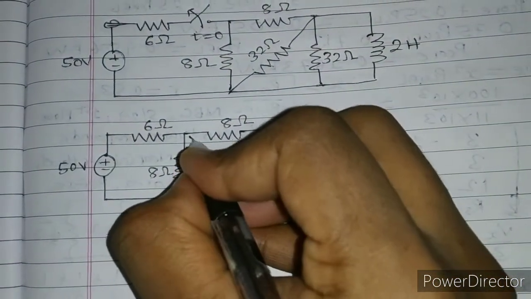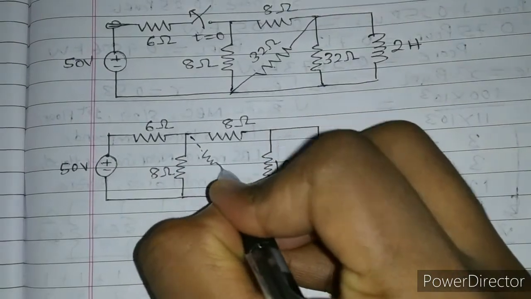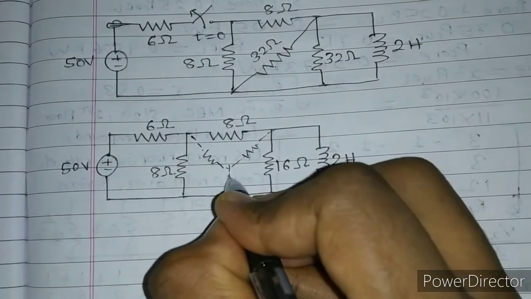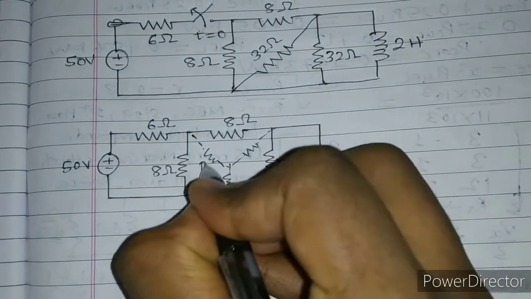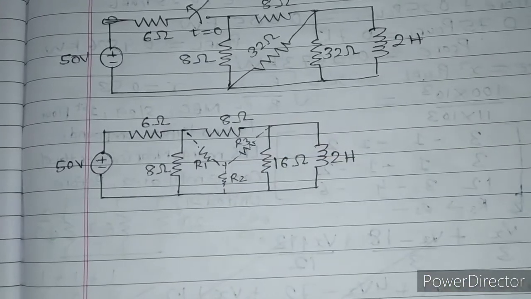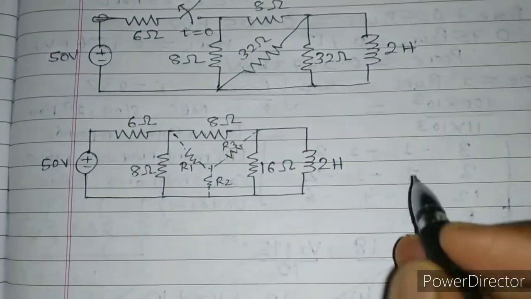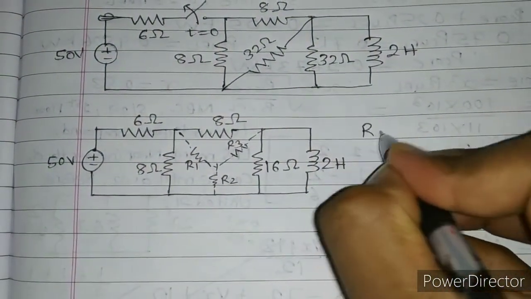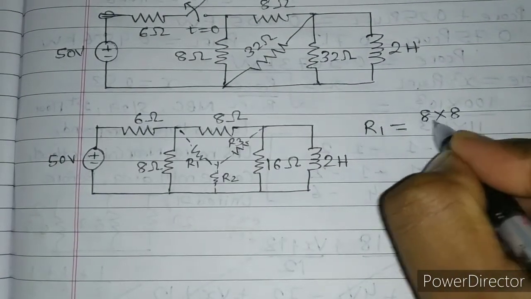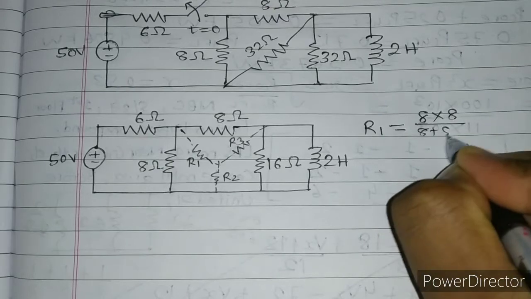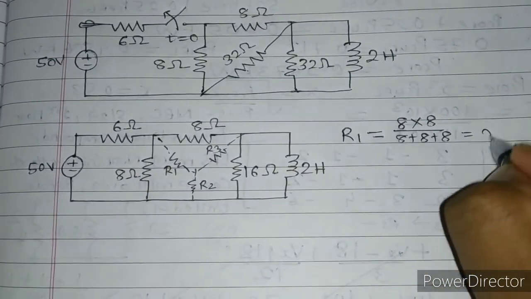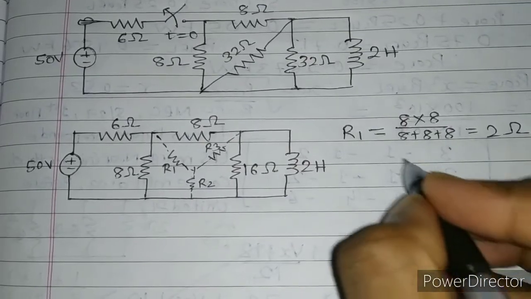Now by applying delta to star transformation, so as to simplify the given circuit, we can find out the values of R1, R2 and R3. R1 will be equal to 8 into 8 upon 8 plus 8 plus 16, which is equal to 2 ohms.